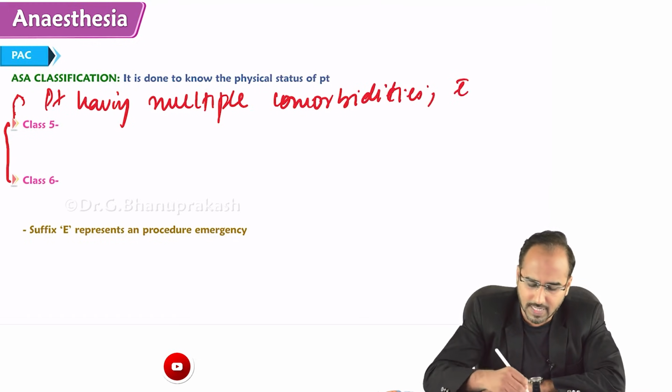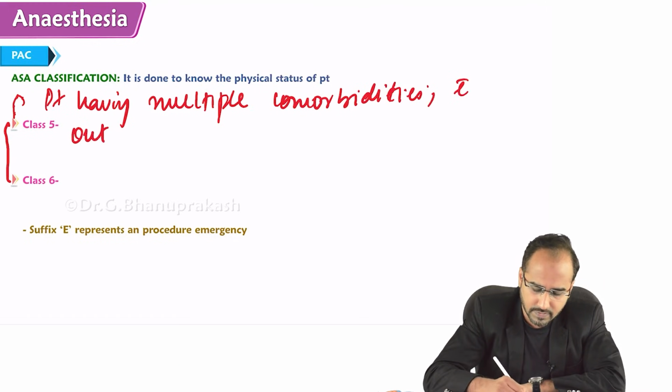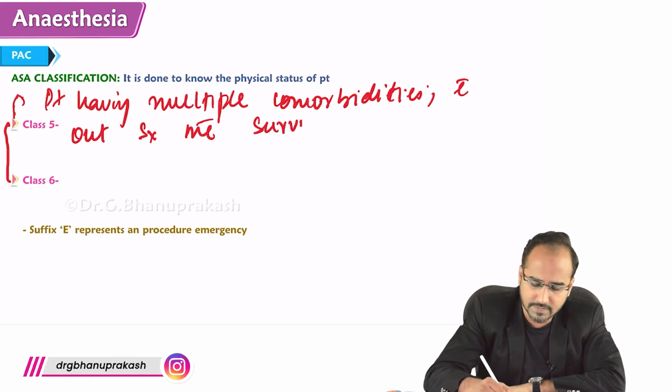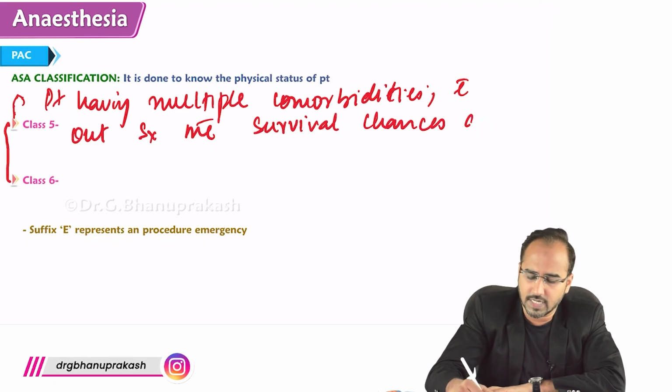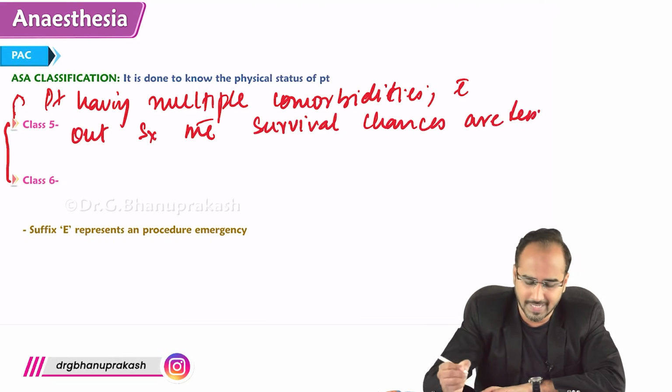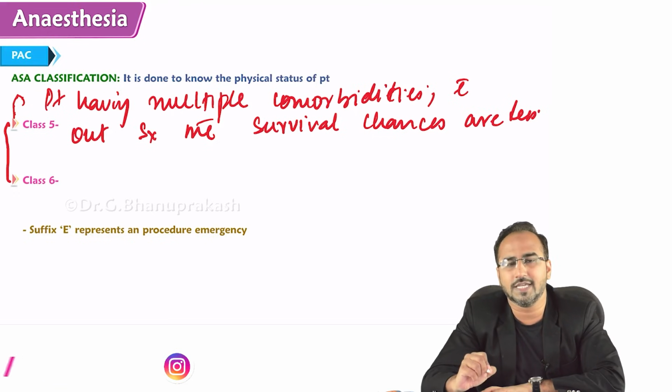And without surgery, the survival chances are less. That is called ASA class 5.